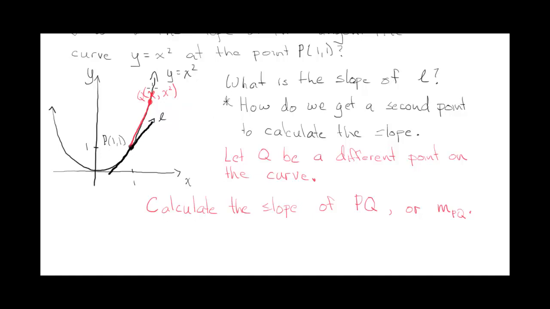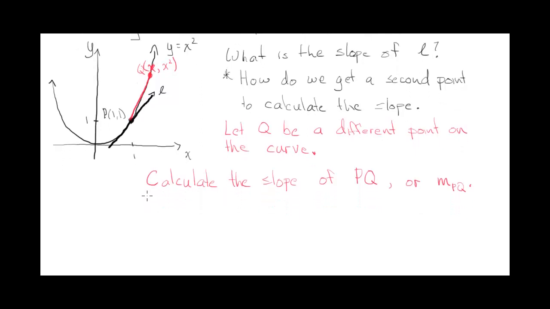The problem here is I don't actually have a coordinate, so I'm just going to let x be a particular value, and you'll see I'll change it to different values as I go. So let's say if x equals 2, then Q is the point (2, 4). That would be the point right here. So I'm going to calculate the slope of that line.